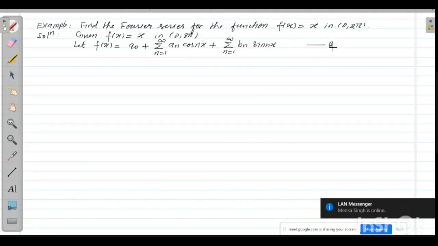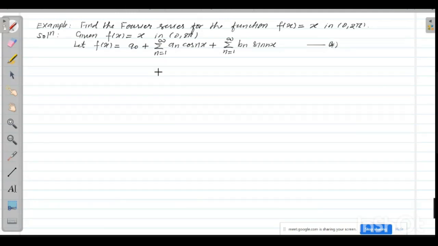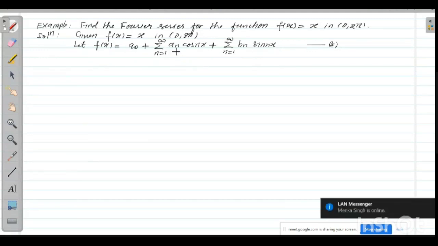Now our job is to determine the Fourier coefficients of this expression. A naught, a n and b n are the Fourier coefficients.